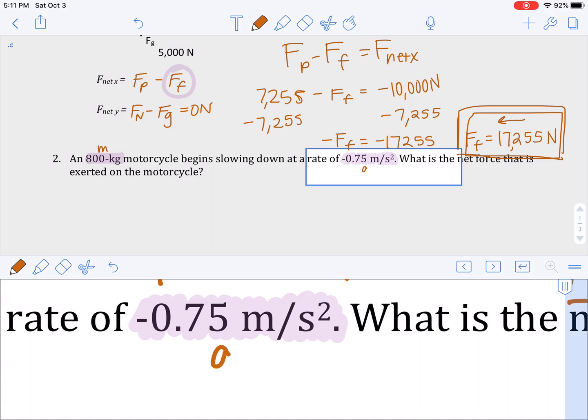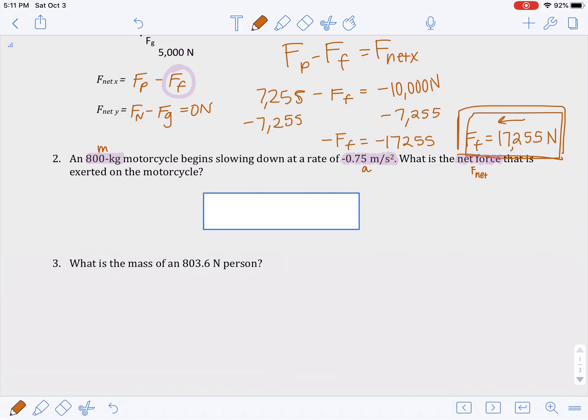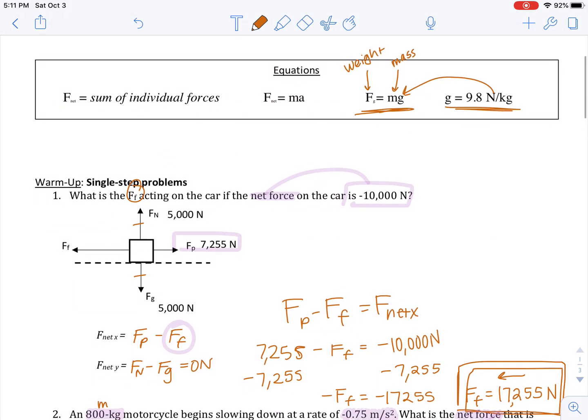That's acceleration. And the question is asking, what is the net force? So that is F sub net. I need an equation that has F net, m, and a in it. If I take a look at my equations, F net equals ma.